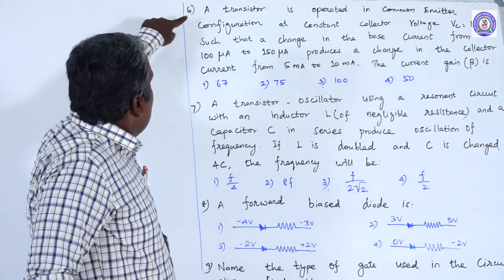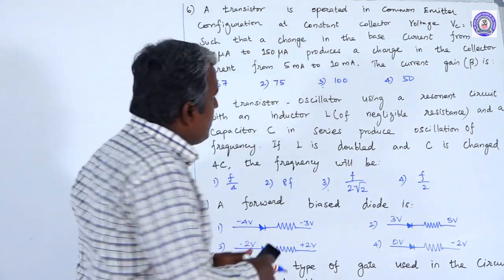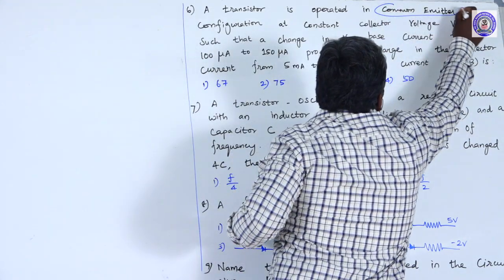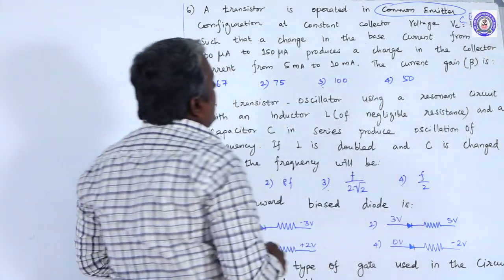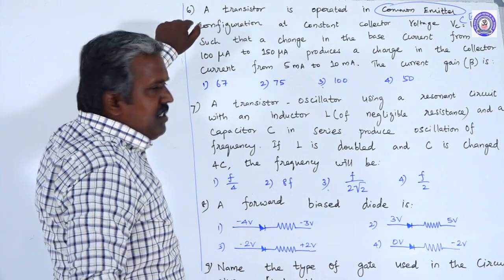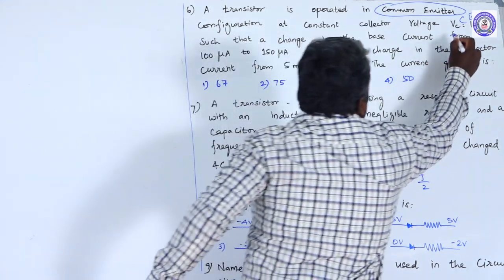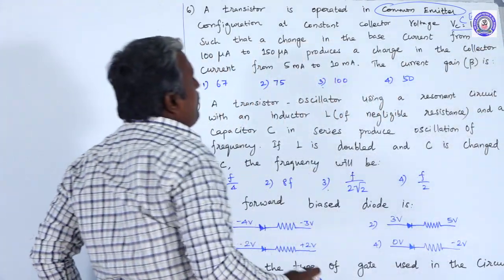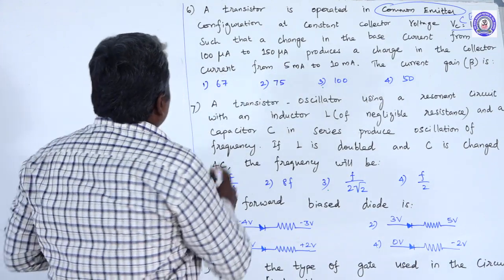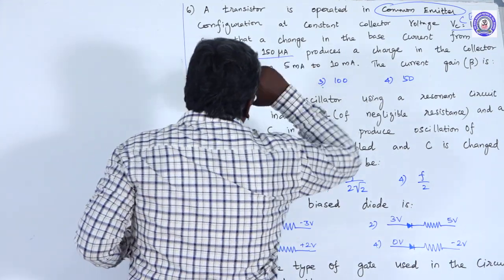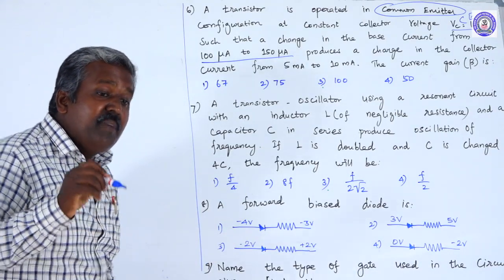Sixth one. The transistor is operated in common emitter mode. That is very, very important. CE mode, common emitter configuration. At a constant collector voltage, that is collector voltage VC is equal to 1.5 volt, we have a change in the base current. Base current is in microamperes, collector current is in milliamperes.